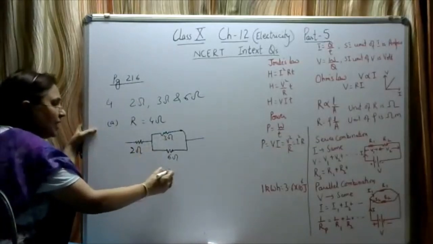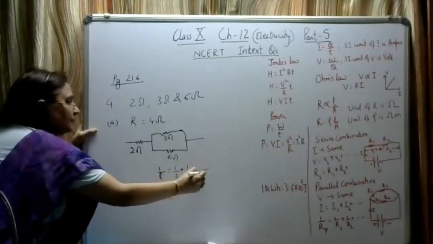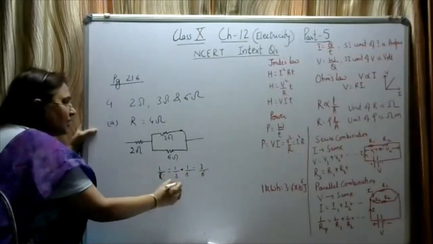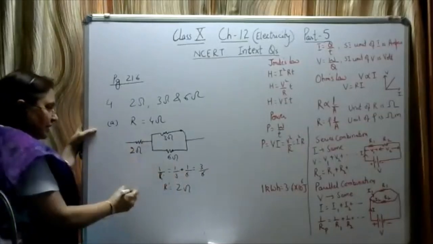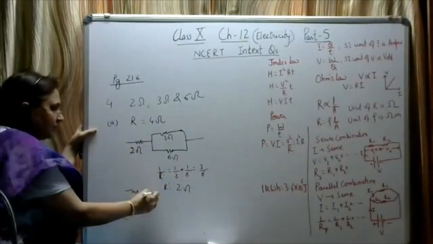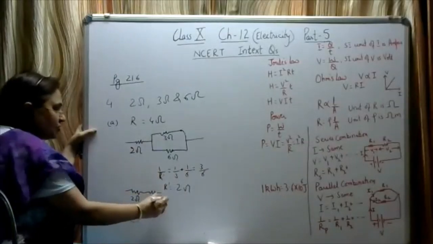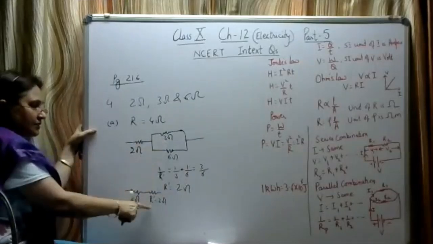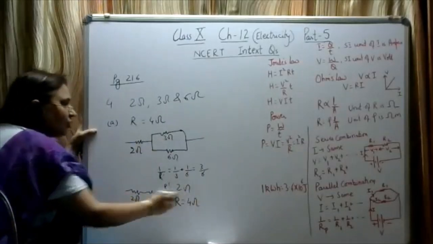So 1 upon R dash is equal to 1 upon 3 plus 1 by 6. So R dash is equal to 2 ohms. Okay, now let us redraw this figure. 2 ohm and R dash, which is also equal to 2 ohm. So this 2 ohm is connected in series to R dash, hence the equivalent resistance is equal to 4 ohm.